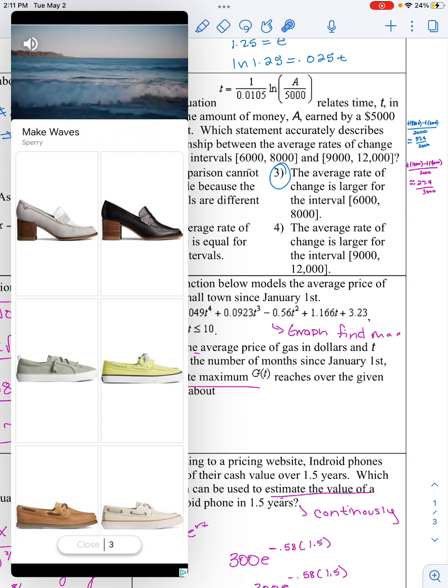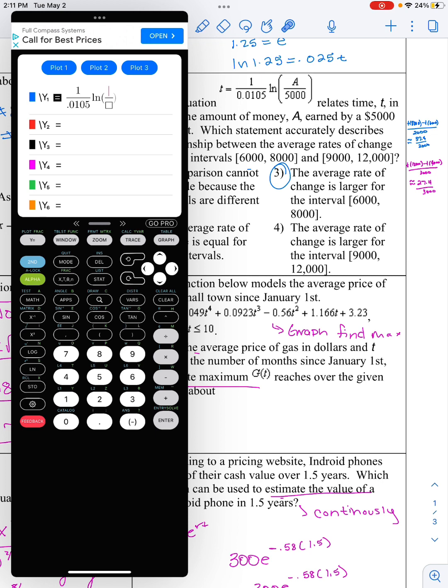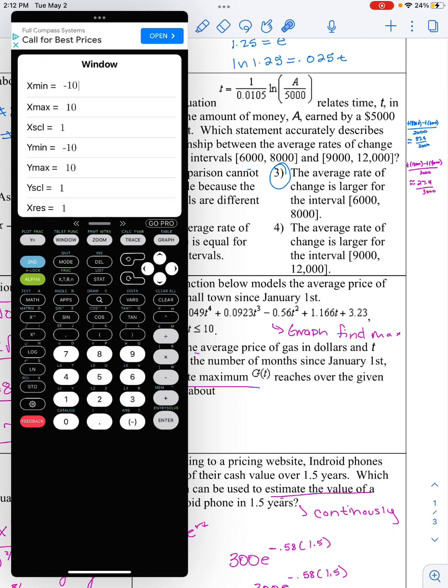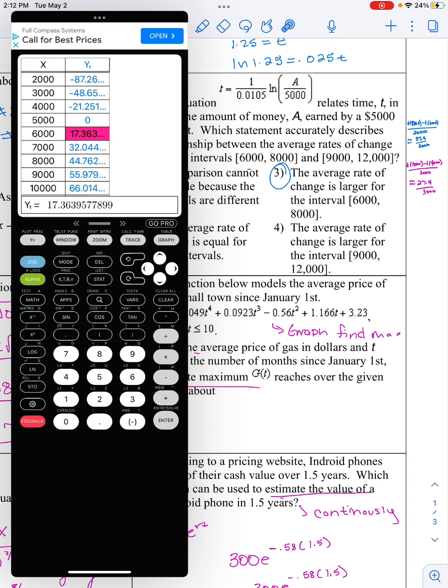Oh, my window is, let's change our window. Let's start at 6,000 and let's go up by 1,000. Second graph. Okay. So at 6,000, we can see that it's going to be 17.3. At 8,000, it's going to be at 44.7.